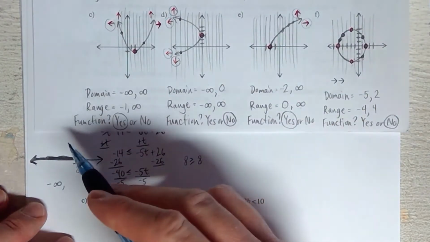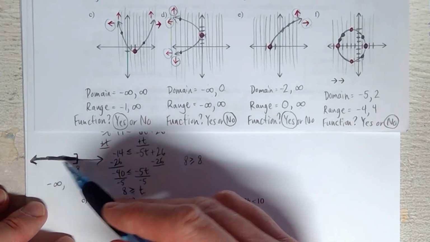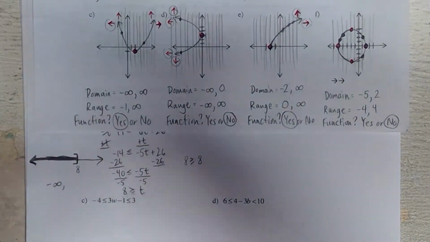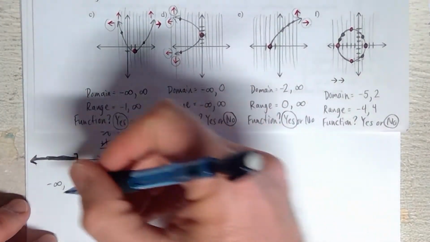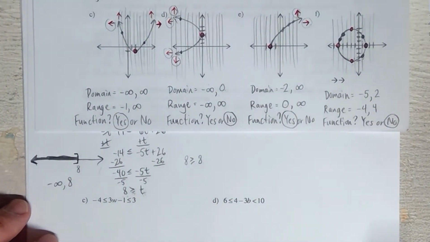In the same way, the 8 is the number that is furthest to the right on the number line as far as the shading is concerned. The shading goes all the way up to 8. 8 is the furthest to the right that the shading goes. And so in the same way, you put the 8 after the comma right there.